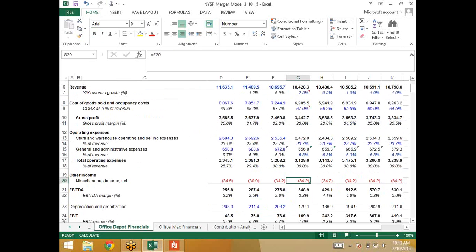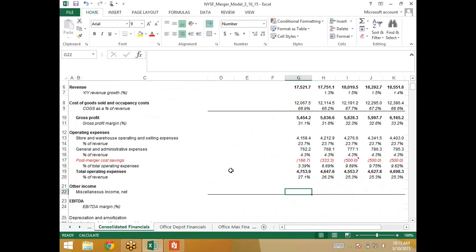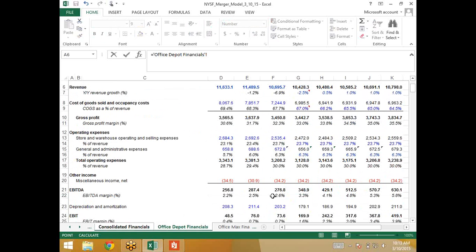So given that, in the consolidated financials for miscellaneous income, it's not always cut and dry, right? This is kind of an assumption. I'm going to take Office Depot miscellaneous income, I'm going to add it to Office Max.